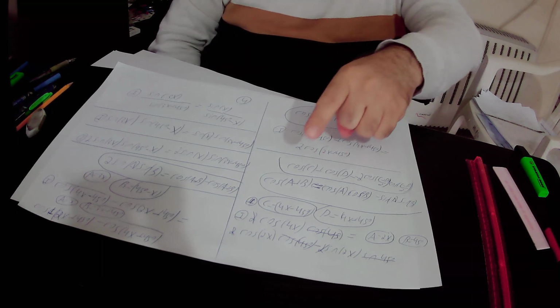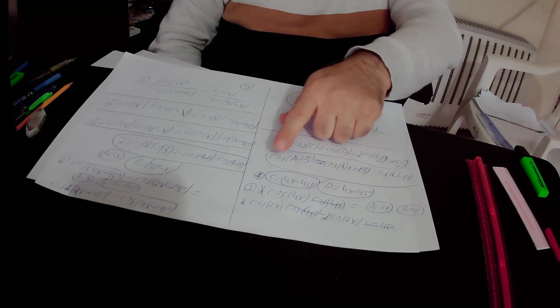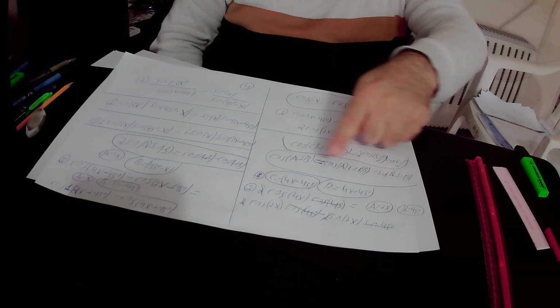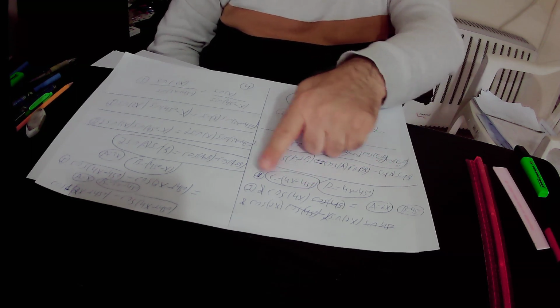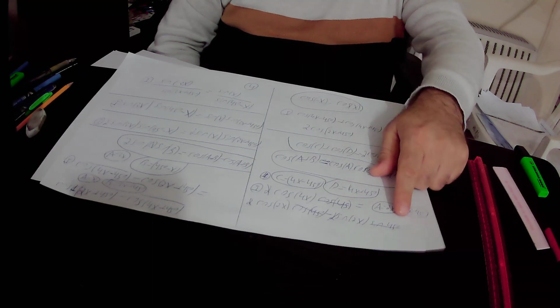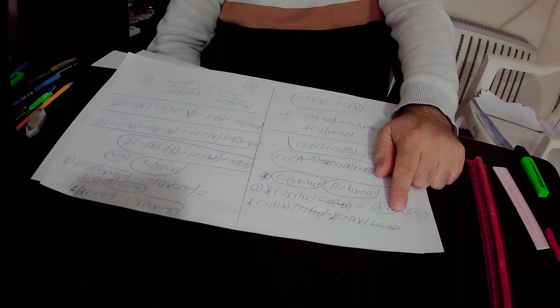Then we divided this equation by 2 cosine 45 degrees. So 2 cosine 45 degrees get cancelled. Here also 2 cosine 45 degrees get cancelled. And here 2 sine 45 degrees get cancelled because sine 45 degrees equals cosine 45 degrees.